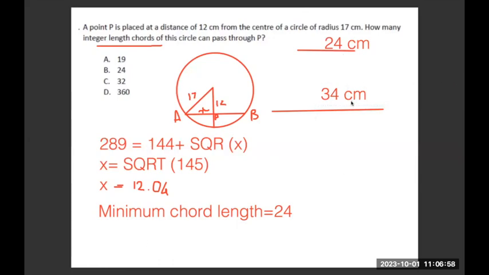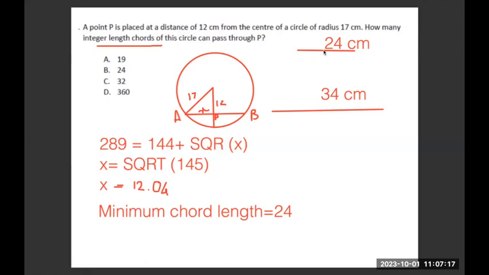Between 24 and 34 centimeters, the chord passes through point P and touches both the ends, and at that point it will become the diameter. The maximum chord length will be 34 centimeters.